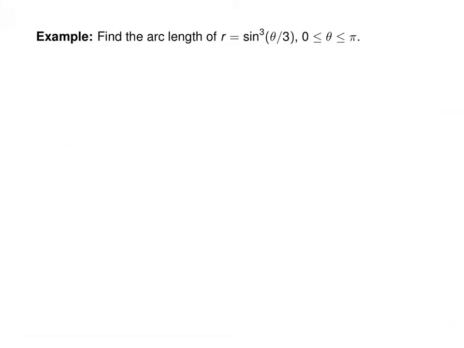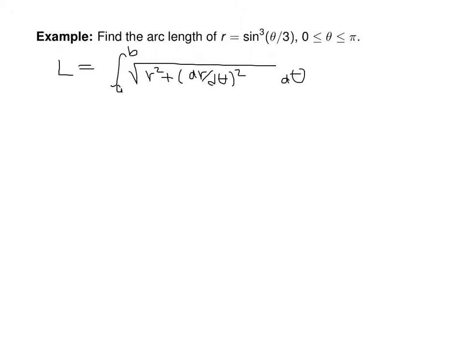And the last thing we did with polar curves was find the arc length of them. So the arc length formula for this simplified down to an integral from A to B of the square root of r squared plus dr d theta squared, d theta.